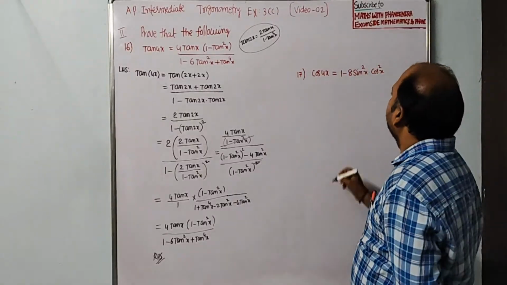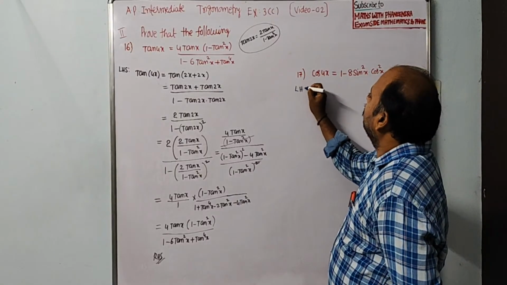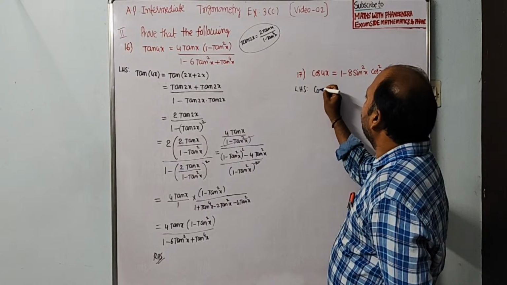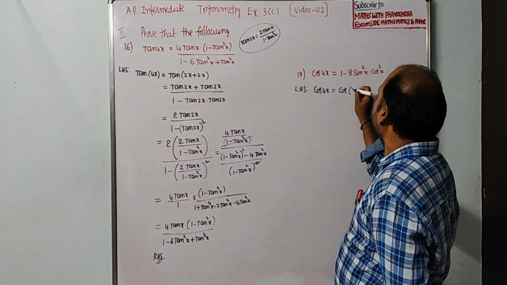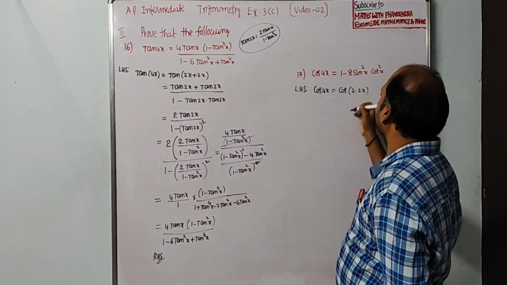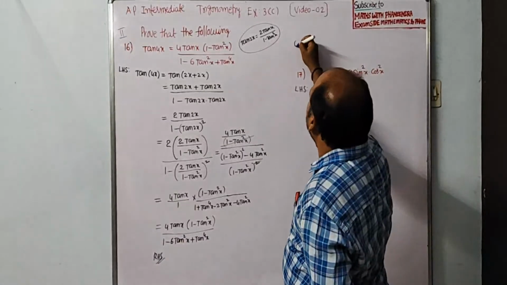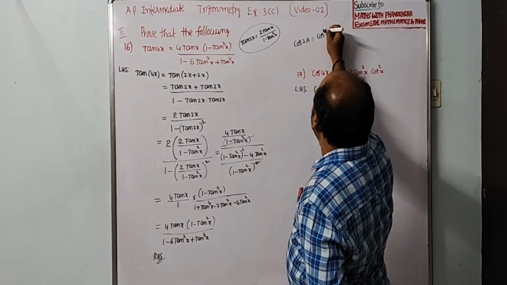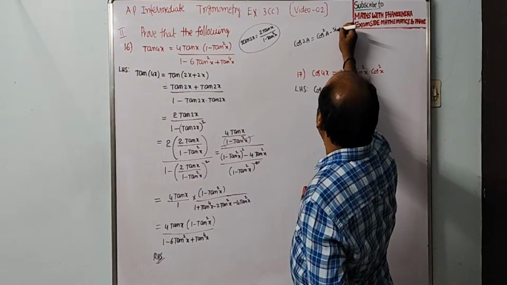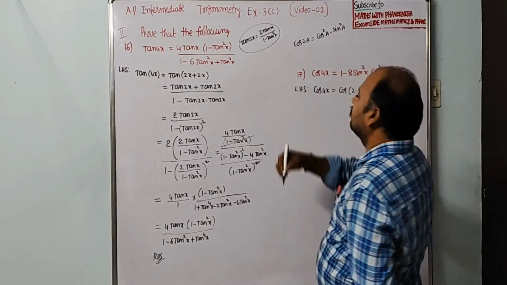Come to here. Cos 4x can be written as cos of 2 times 2x. We know that cos 2a is equal to cos square a minus sin square a. Am I right, dear students?